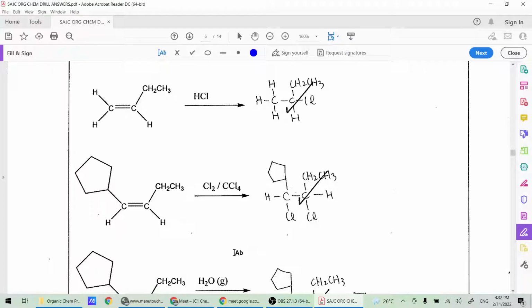I think electrophilic addition shouldn't be something difficult. At worst, the more difficult thing is probably Markovnikov's rule, where you have to decide where to put the hydrogen: on the carbon that already has more hydrogens. So just take some time, check your answers before I scroll down to the next answer.